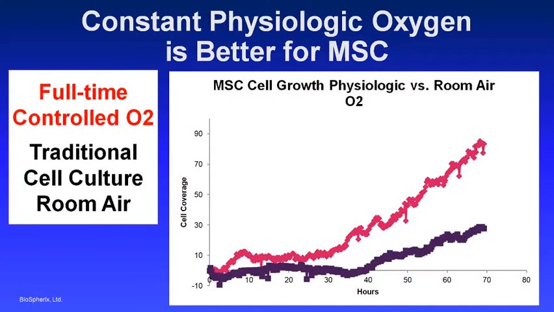These are cell coverage traces from the Cytosmart microscope coming up from freeze. You can see that even coming up from freeze, the cells are growing much, much better in full-time controlled oxygen than in traditional cell culture room air.